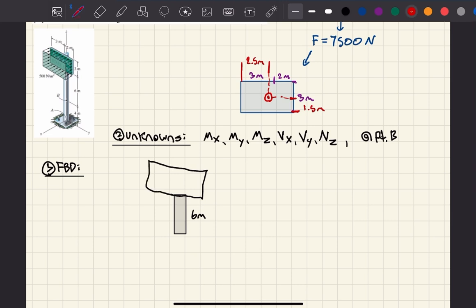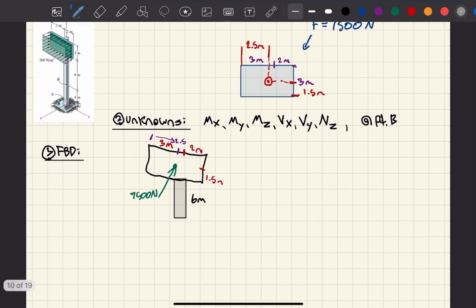Right around here we said is 1.5 meters. If this is 2 meters and this is 3 meters, maybe over here we have 2.5 meters from this way. That means our force acts right here. So F is right here, and we won't even call it F, we'll just call it 7,500 newtons.